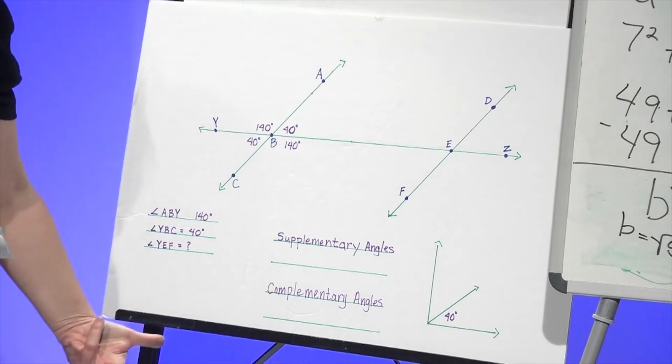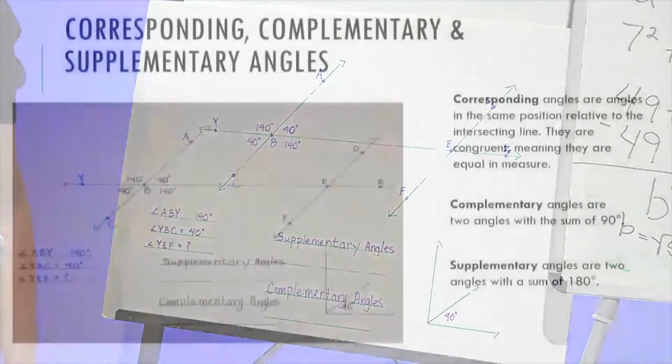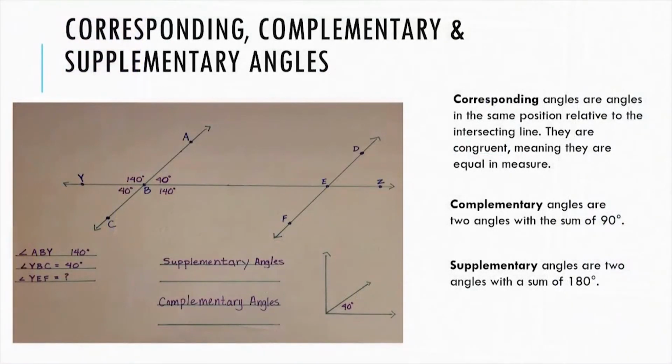Looking back at the slide, you have your complementary angles, which are two angles with a sum of 90. Those two angles together are going to equal 90 degrees. And then supplementary angles are two angles that add up to 180.